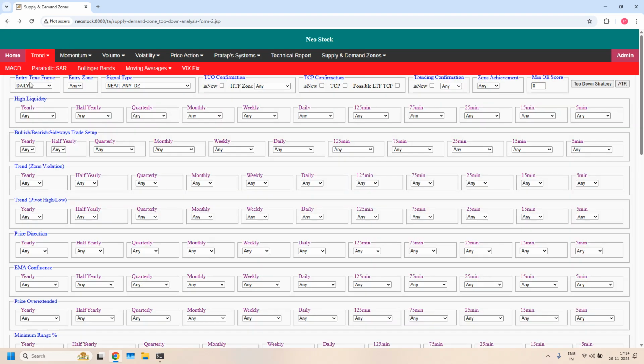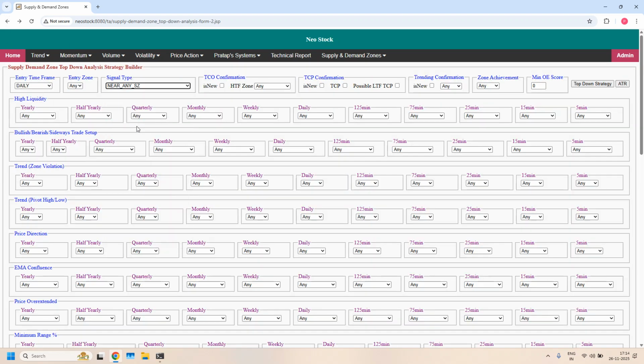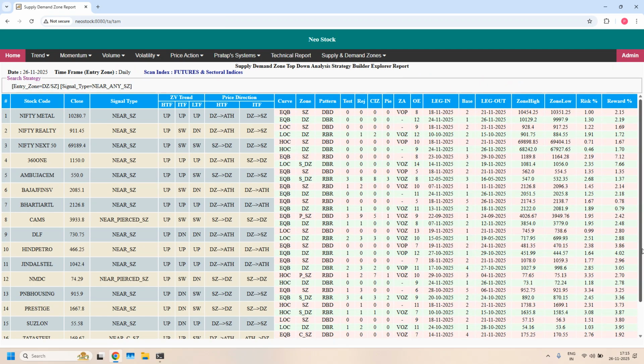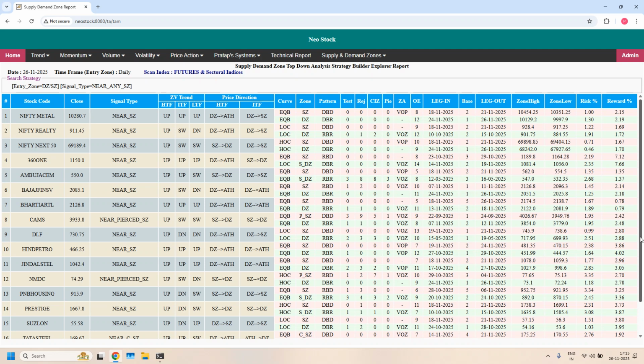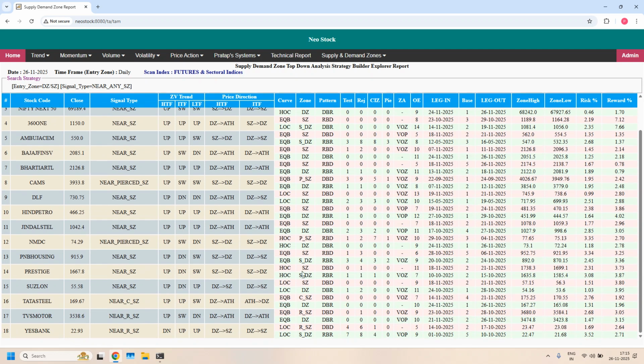Okay, next, daily time frame, stocks near to the daily supply zone. We got 18 stocks. So let's identify daily high liquidity supply zones from this list. Tata Steel is having daily high liquidity supply zone.